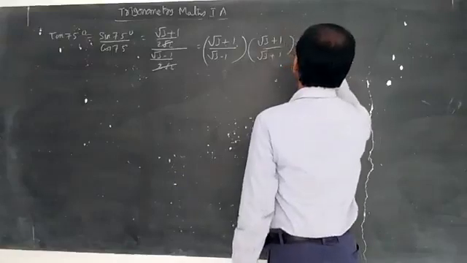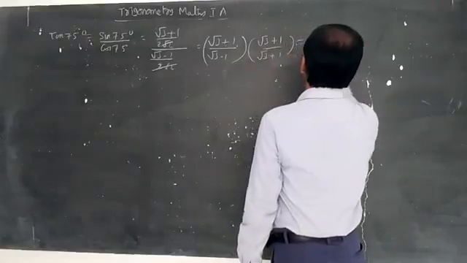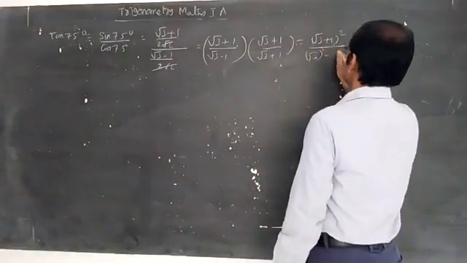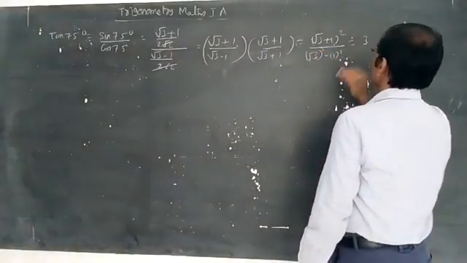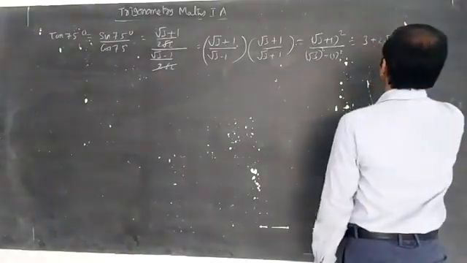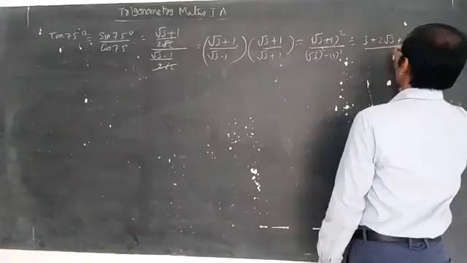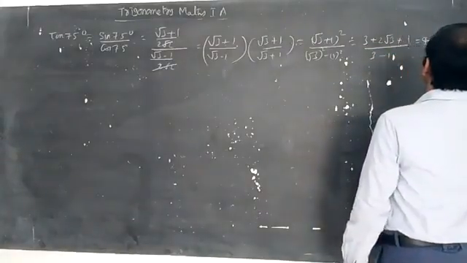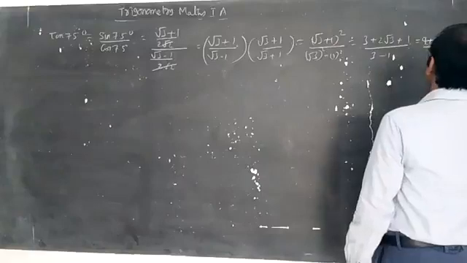This is (root 3 plus 1) whole square by a square minus b square. Using the (a plus b) whole square concept, a square plus 2ab plus b square, whole by 3 minus 1. So this is (4 plus 2 root 3) by 2.